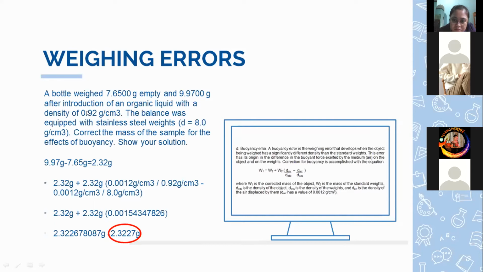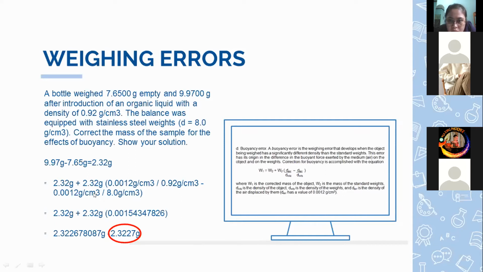So ang density niya is 0.92 grams per cubic centimeter, which is the D object. The D air is 0.0012, which is the normal or constant value of the air. And the D weights is 8.0 grams per cubic centimeter, which indicates the density of the stainless steel.